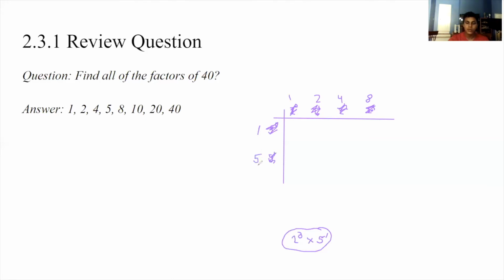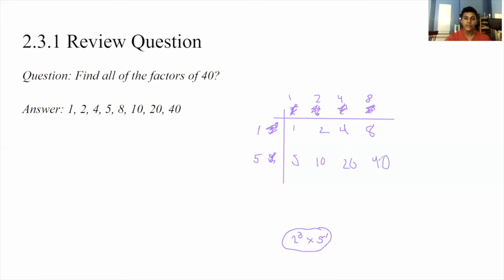So now I'm ready to multiply all of my numbers. I just go row by row and column by column and multiply all my numbers inside the table. So first, 1 times 1 is 1, 2 times 1 is 2, 4 times 1 is 4, and then 8 times 1 is 8. And then next I have 1 times 5, which is 5, 2 times 5, which is 10, 4 times 5, which is 20, and 8 times 5, which is 40.